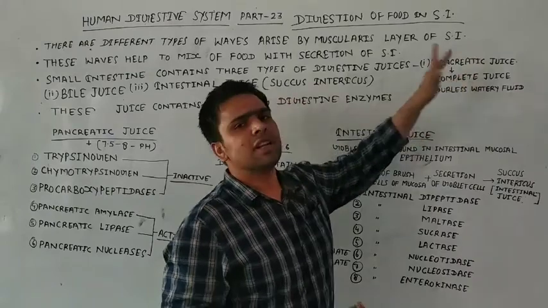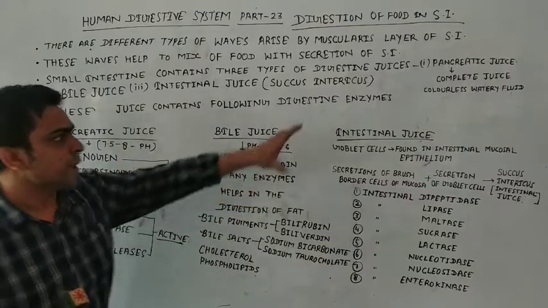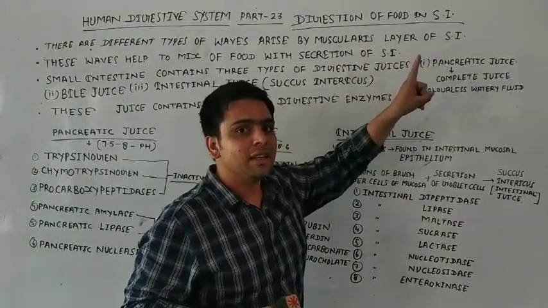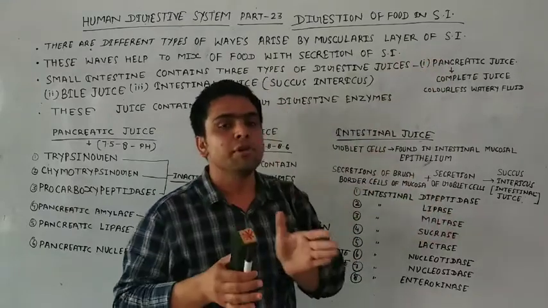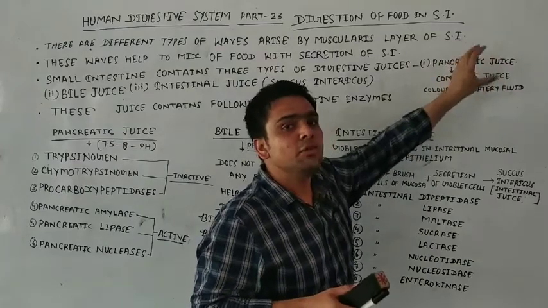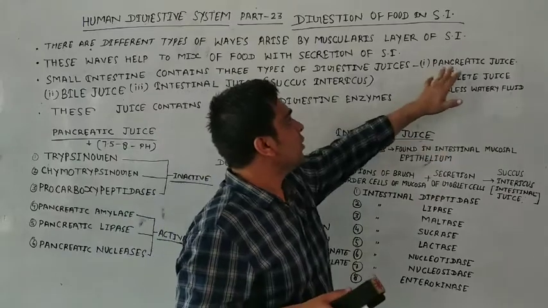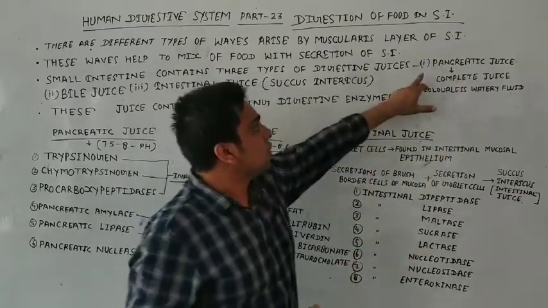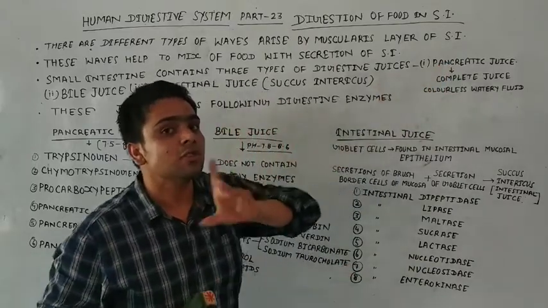It is also known as complete juice. The juice produced by the pancreas is known as pancreatic juice. This juice helps in the digestion of food in our small intestine. It is secreted by the pancreas and reaches the first part of our small intestine, that is known as duodenum.